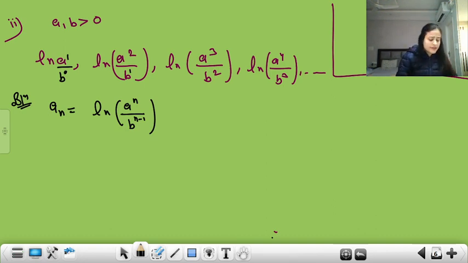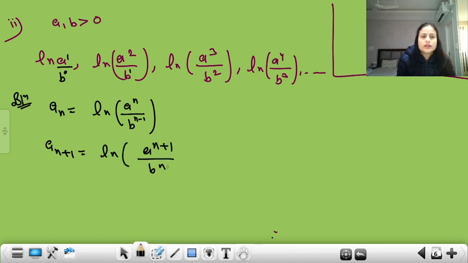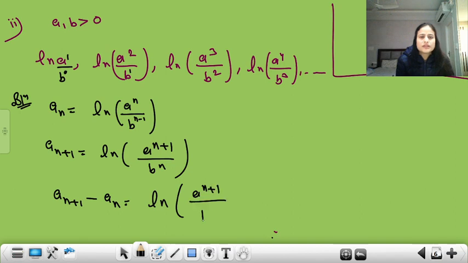Now I have the nth term, right? So I can easily get the (n plus 1)th term. For this, replace n by n plus 1. So ln of a raised to n plus 1 upon b raised to n. Now take the difference, (n plus 1)th term minus nth term. That is ln of a raised to n plus 1 upon b raised to n, minus ln of a raised to n upon b raised to n minus 1.